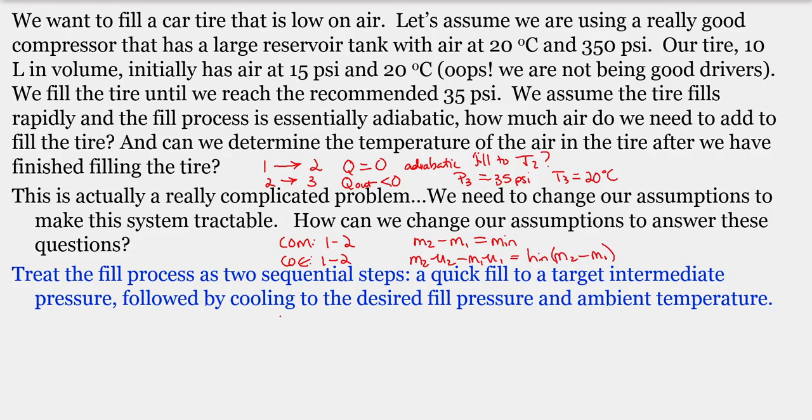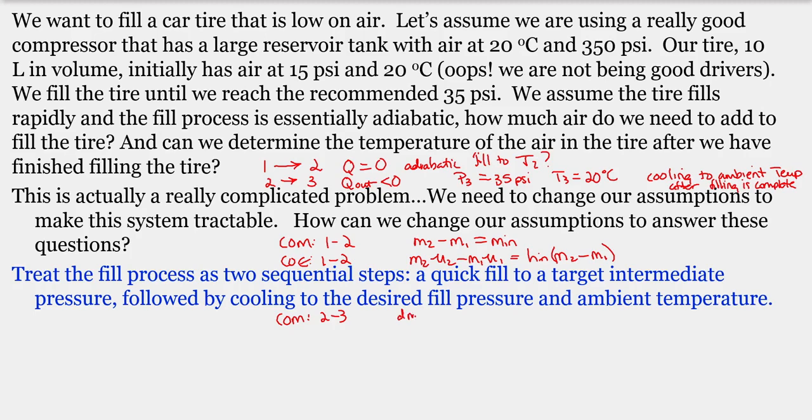Now, from 2 to 3, this is the cooling process, the cooling to ambient temperature after filling is complete. This is important because I want to look at the conservation of mass from 2 to 3.